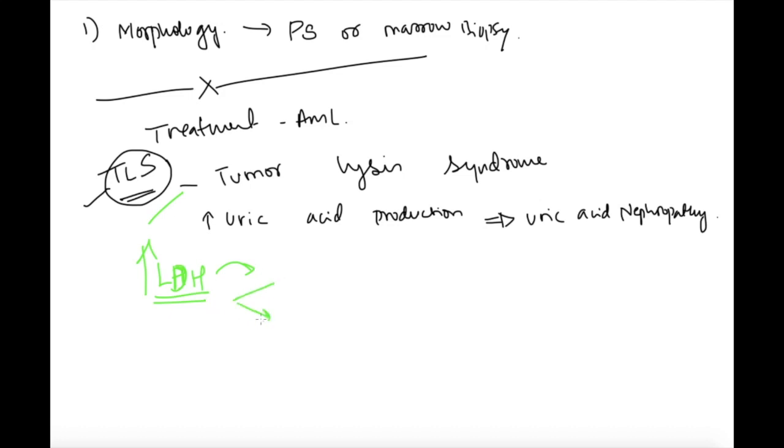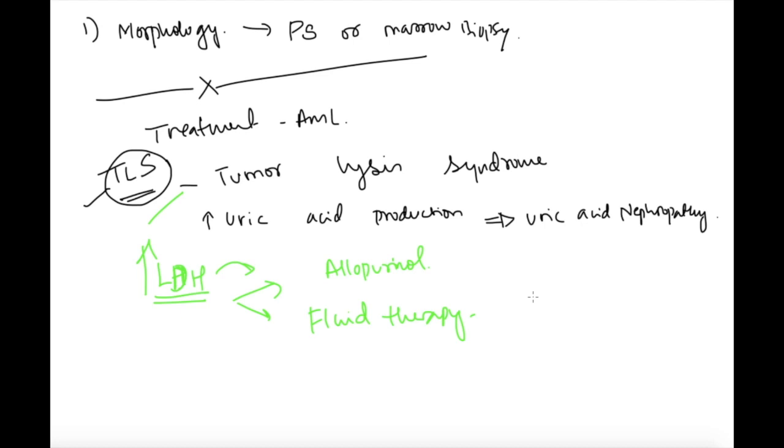I have to do two things. One, start the patient on allopurinol, which will reduce the uric acid production. And the most important thing is fluid therapy. We should start the patient on aggressive fluid therapy so that it will wash away the excess uric acid.